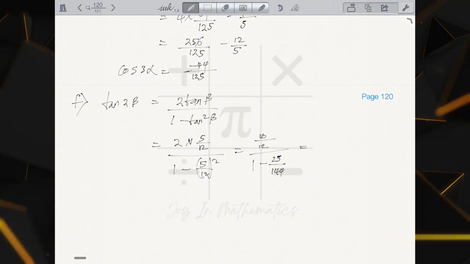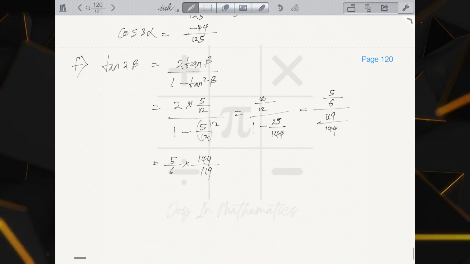Simplifying the numerator, we have 5 over 6 divided by, taking the LCM of the denominator, 144, and simplifying it further, we have 119. So with this, we have 5 over 6 multiplied by 144 divided by 119, and we will have tan 2 beta resulting into 120 divided by 119.